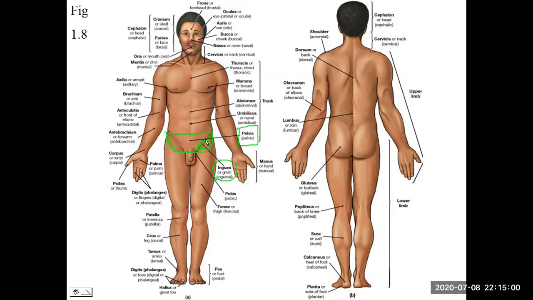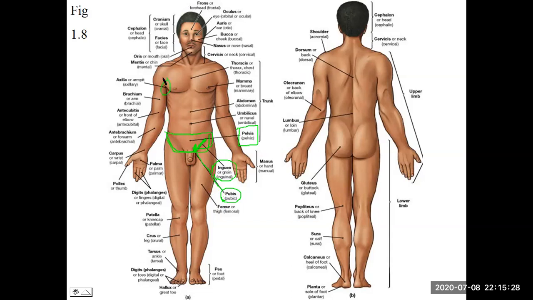We'll highlight here the next term, pubic. The pubis is a more specific area of the pelvis, a particular bone within the pelvic region. So we're looking just at this anterior, medial, front, and central portion of the pelvic region, more specifically the pubic region.